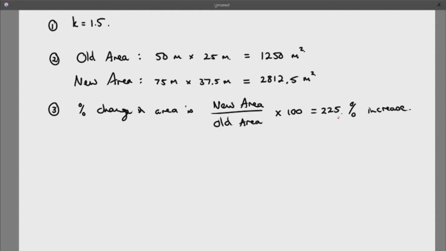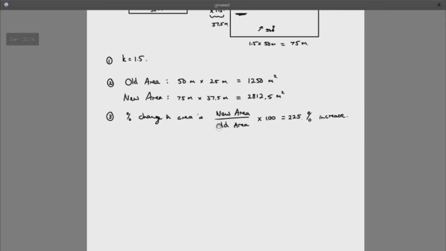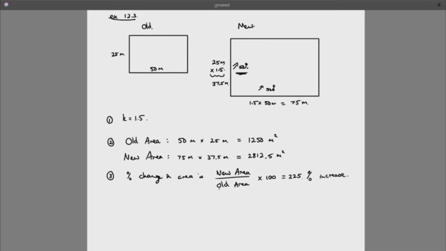So we see that, let me zoom out a little bit. The side lengths increased by 50%. But the area, as a result, increases by how much? 225 is the end result.